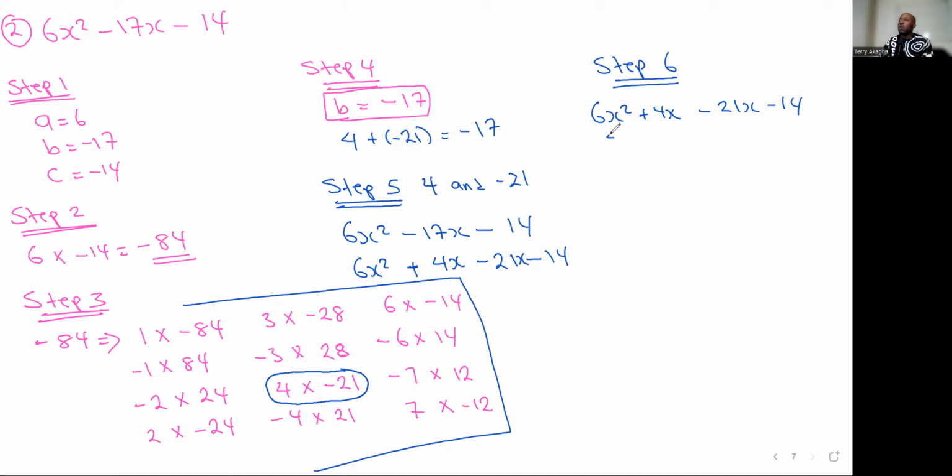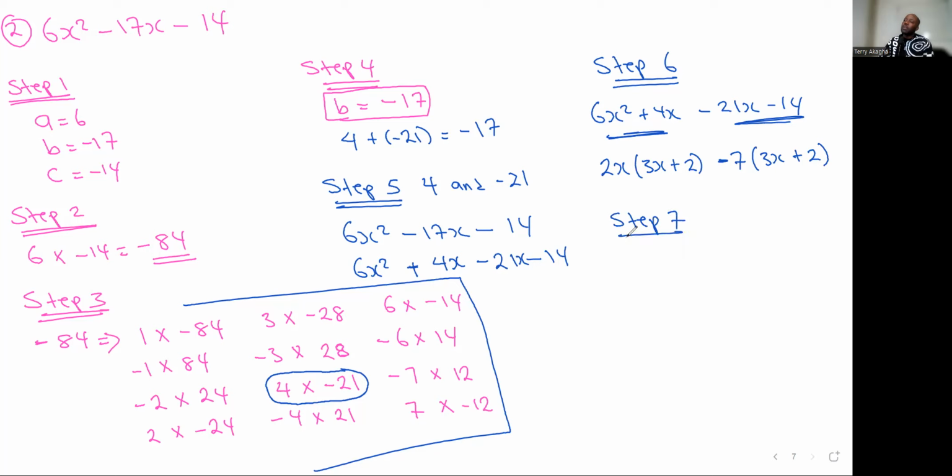We take the first two and the last two. For 6x squared plus 4x, what is common? We have 2x, and we'll be left with 3x plus 2. Then the other one, what you have is minus 7, and you have 3x plus 2. So you can see, at the end of the day, the brackets are the same.